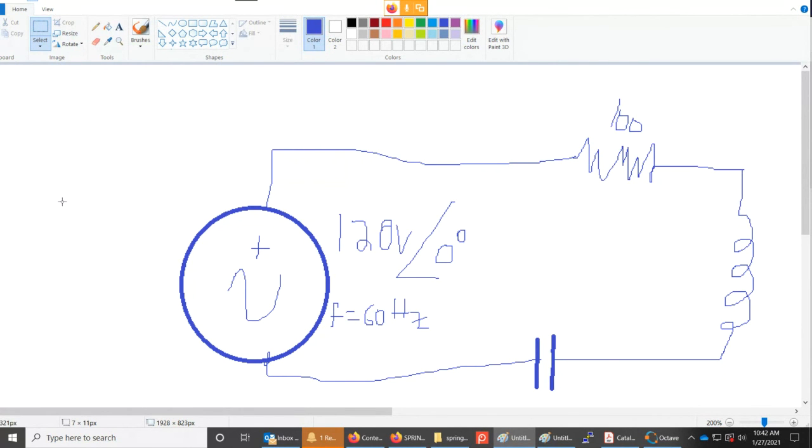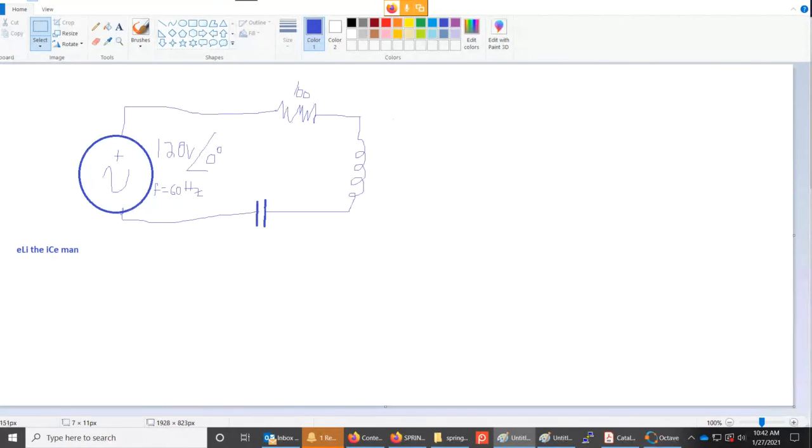Okay, so let's say that we have a capacitor, and with this capacitor I need some values in here. So we have an inductor, and I'm just going to give the reactances. So we'll have X of L, and I don't know, we'll make it like 20 ohms.